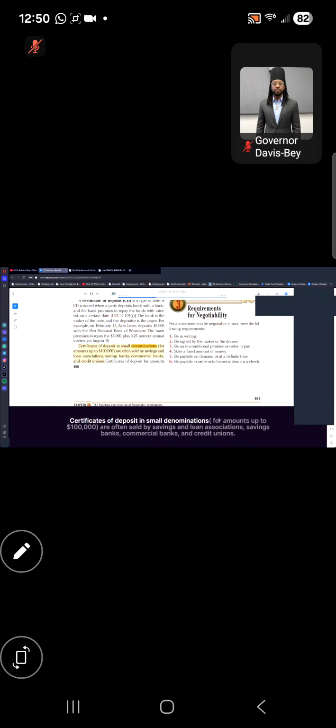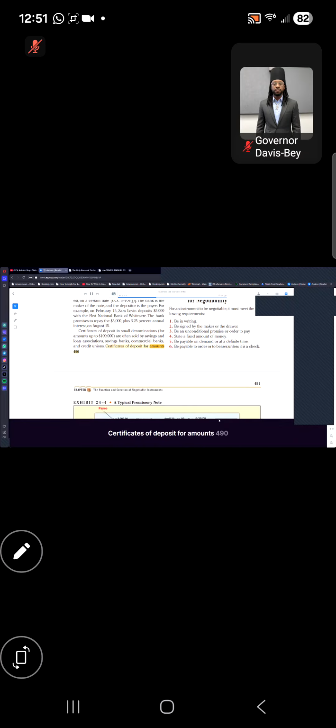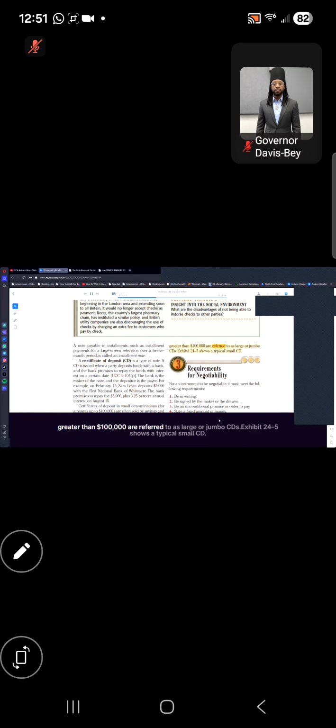Certificates of deposit in small denominations, for amounts up to $100,000, are often sold by savings and loan associations, savings banks, commercial banks, and credit unions. Certificates of deposit for amounts greater than $100,000 are referred to as large or jumbo CDs. Exhibit 24-5 shows a typical small CD.